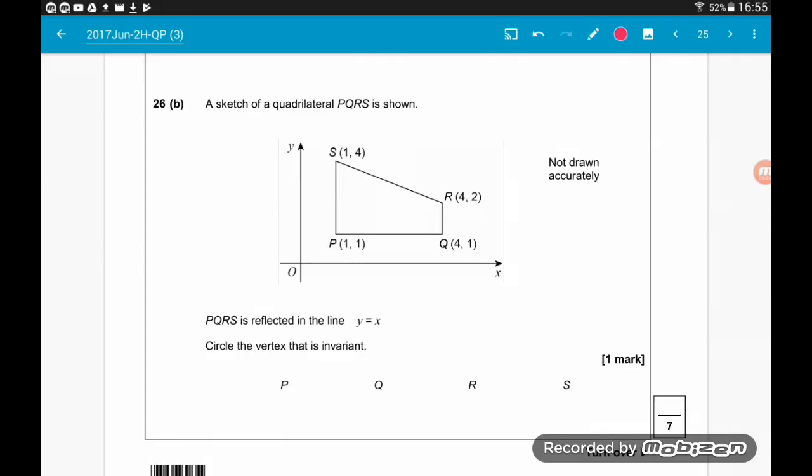So we're looking for a point where the x value is the same as the y value, and that's the point P. P has coordinates (1, 1), so if y equals x, then 1 does indeed equal 1. So point P is not going to move at all, so it's invariant. P is our answer.